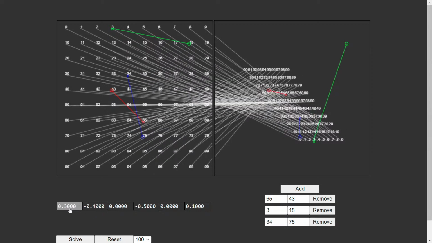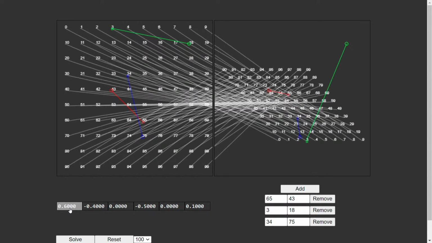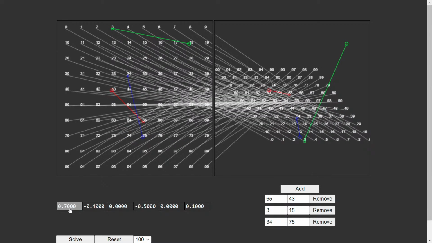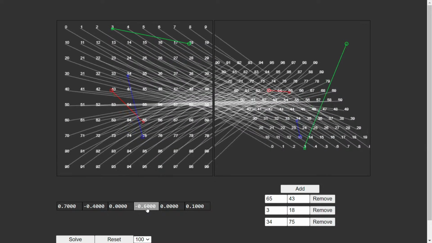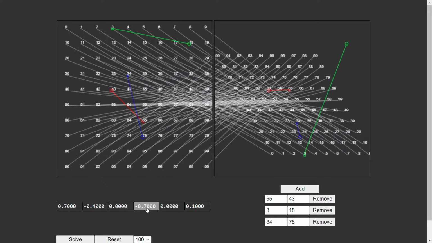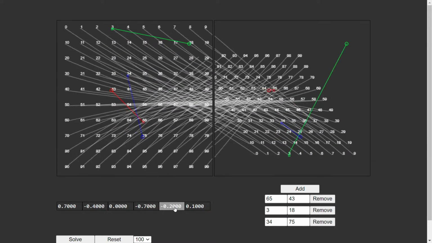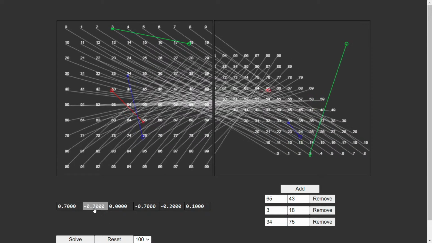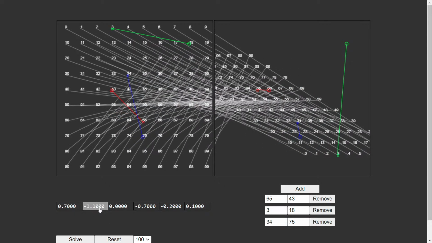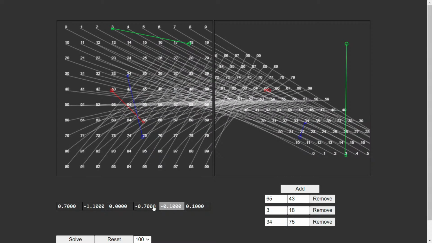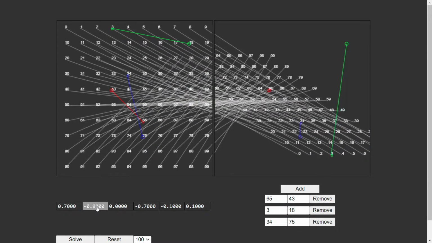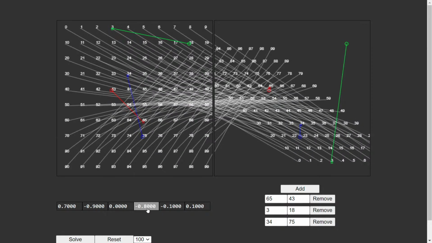And let's expand this way. No, that's... is it possible to fit blue and red? I mean, yeah, it's gotta be, right? You can't really see it, I guess, but that's fine.